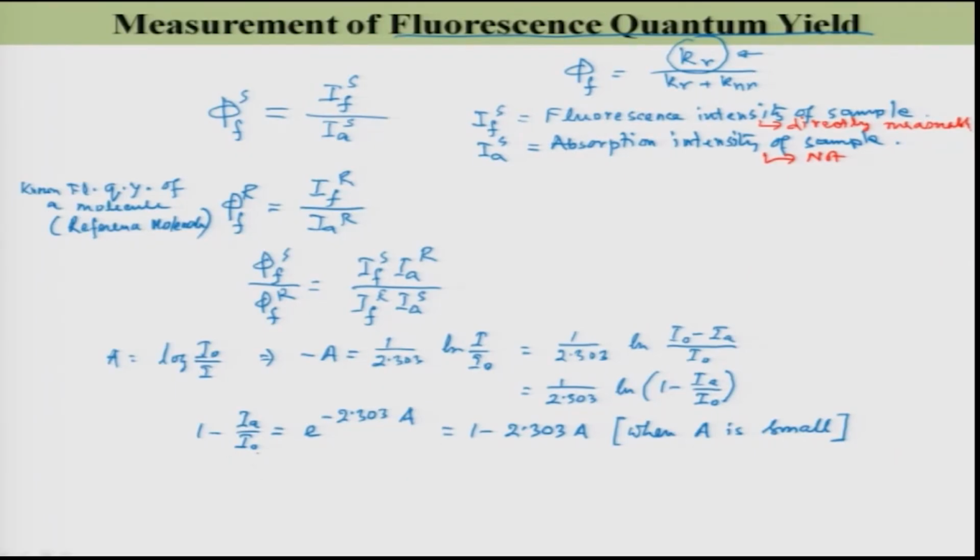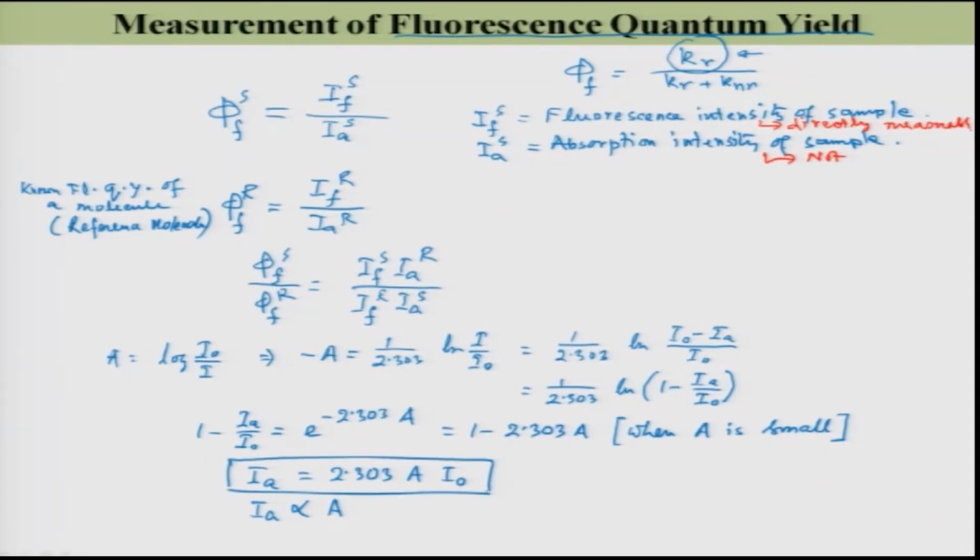So, this will cancel out. So, I A equal to 2.303 A I 0, right. So, I can write this I A is proportional to A, right.